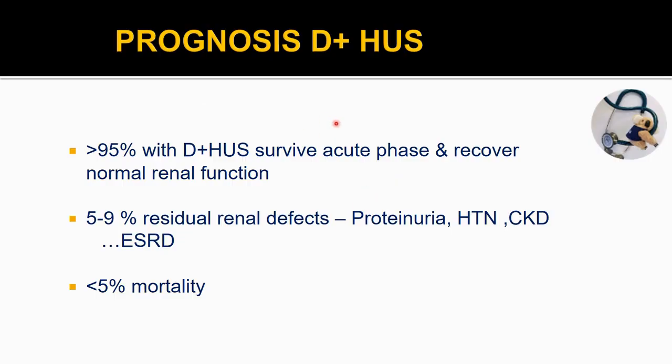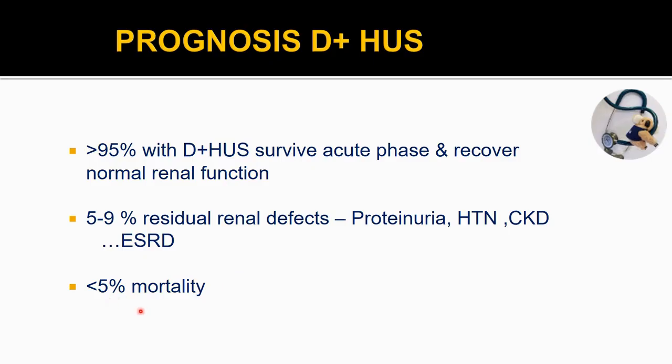The prognosis for D plus HUS or typical HUS is better. More than 95% survive the acute phase and then recover with normal renal function. Whereas in around 5 to 9% of cases there might be residual renal defects with proteinuria, hypertension, chronic kidney disease and end-stage renal failure.